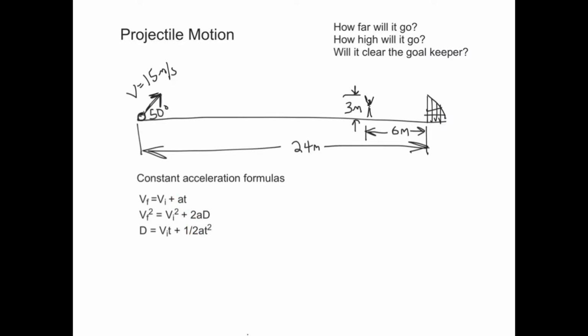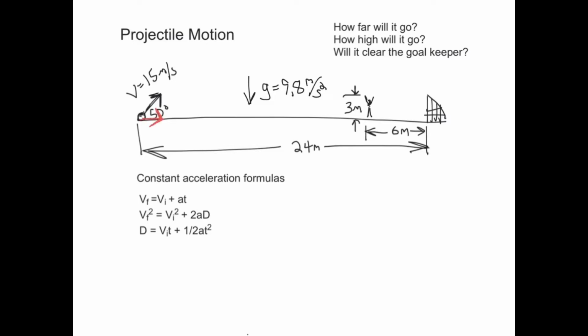They only work if acceleration is constant, but that is the case in the Y direction due to gravity. So we're taking little g here to be 9.8 meters per second squared. It's really going to be negative since we're kicking the ball upward. Gravity's tending to bring it downward.